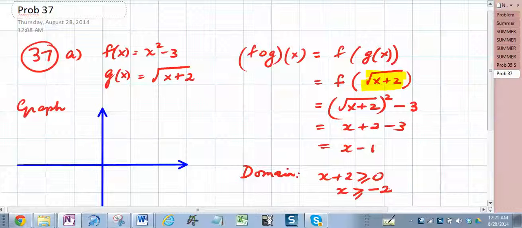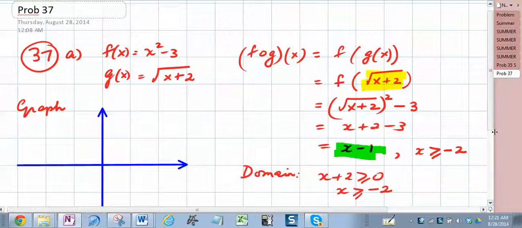The final result that I end up with doesn't add any more restrictions. So what I end up with is not just x minus 1, but it's x minus 1 with a condition that x has to be greater than or equal to negative 2.